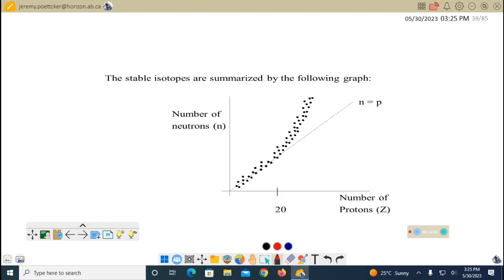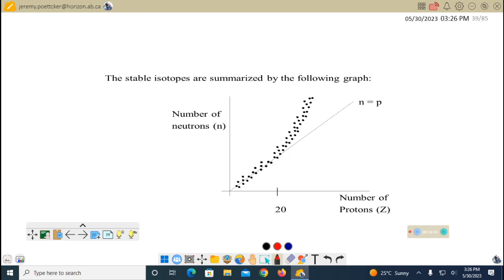In terms of isotope stability, we've got a line drawn on this graph where basically N is equal to P, so the number of protons and the number of neutrons. And you'll notice for the first 20 or so neutrons, the stable isotopes roughly follow that line.